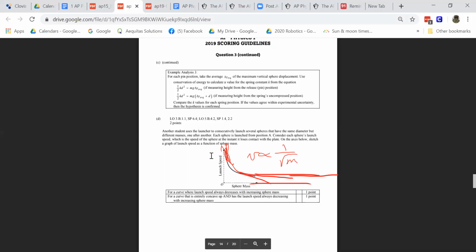Of course, the mass will never get to infinity, but as the ball gets heavier and heavier, the speed it launches gets less and less. So you can get the general shape of the graph even just by using common sense. If the pellet is heavier, it's going to be harder to move for that spring, so it's going to have less speed.